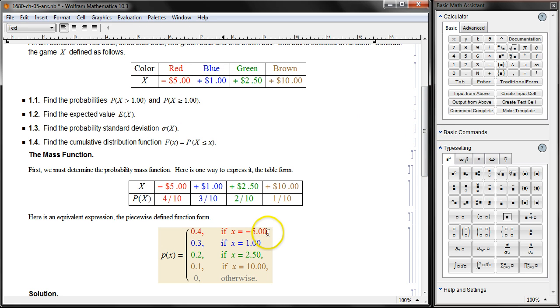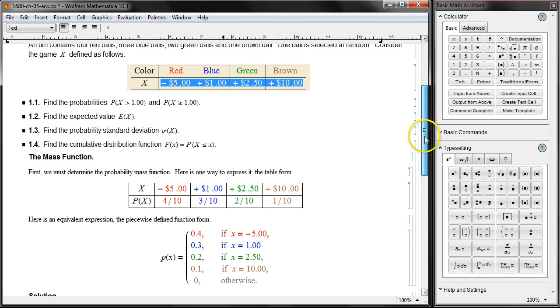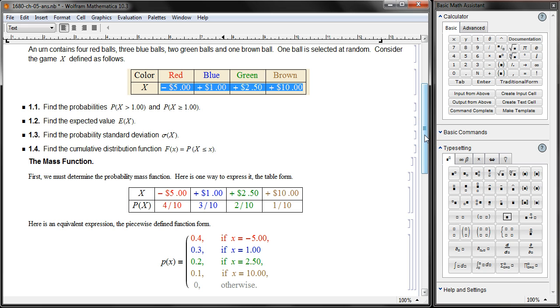X is equal to -5, x is equal to 1, x is equal to 2.5, x is equal to 10. Yes, all these values. Now, is there anything else that is possible? No, there are only 4 colors here in this urn. Only 10 balls. So otherwise impossible. So that probability is 0.